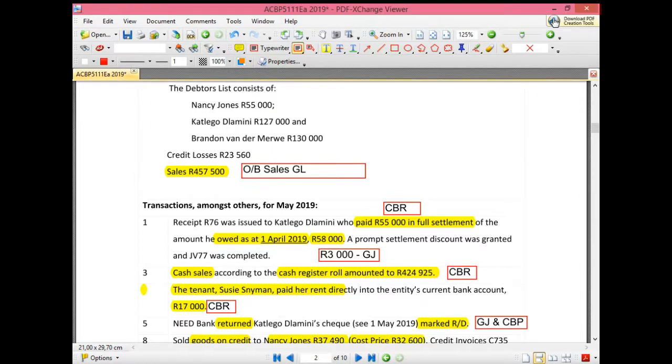Then if we go to transaction number 2, okay, no, so there was a 3,000 Rand, which was also included in there, which we need to write off as a discount settlement. So that goes to our general journal. You would capture that transaction at the same time. So you would debit the sales. Because we're giving them a discount, we are reducing the sales amount.